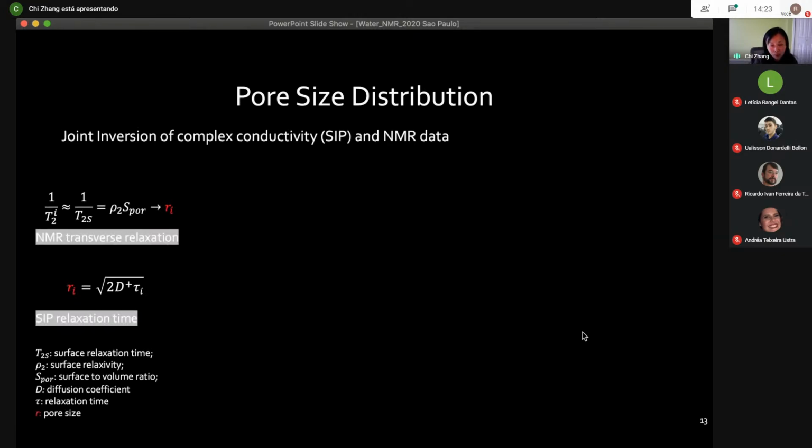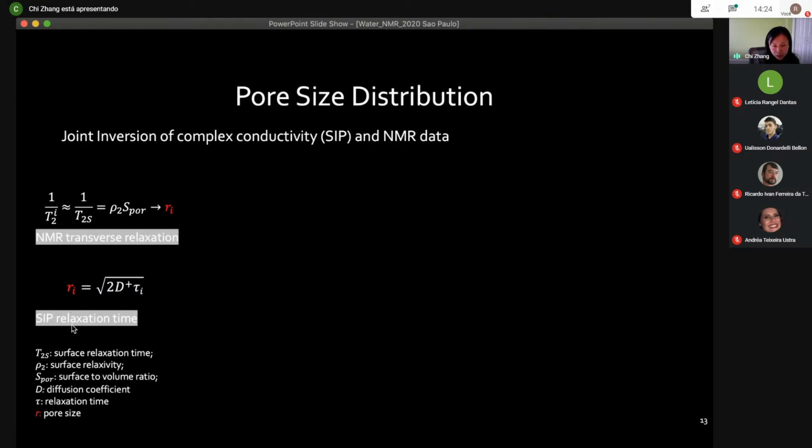And another one I want to mention along this line is, if we look at this pore size distribution, we find out the NMR transverse relaxation, the T2 relaxation, is associated with the pore size R, and the complex conductivity, which is a method maybe some of you are familiar with, and definitely Professor Astra is very familiar with this, and she's an expert in this.